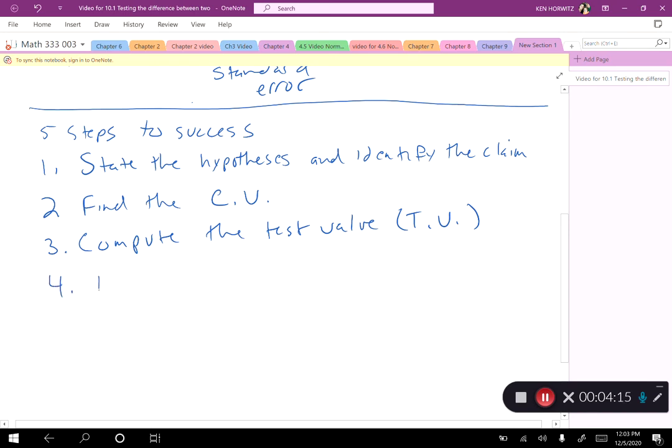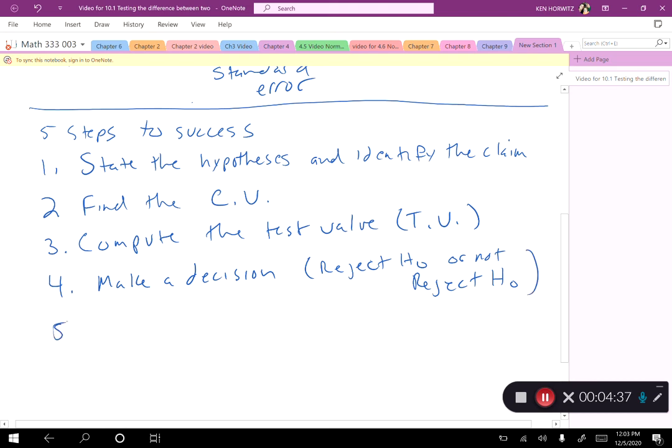Our 4th step, we're going to make a decision. And our decision is either going to be to reject or not reject the null hypothesis. And then based on that decision, we're going to summarize.